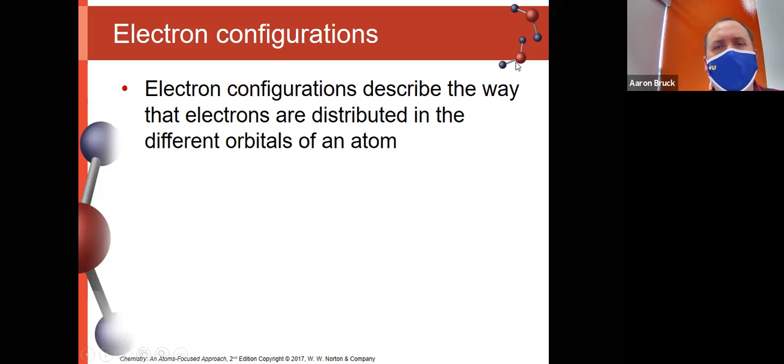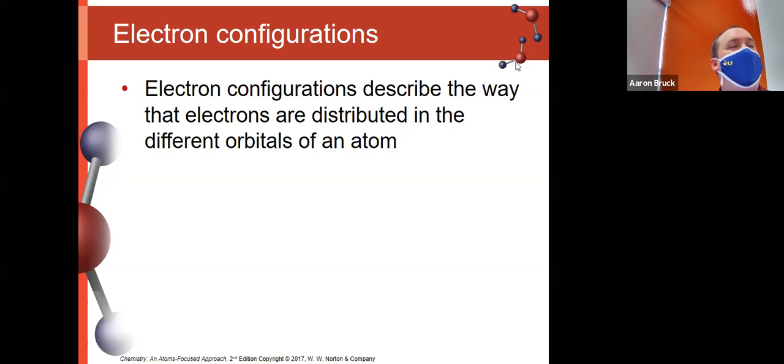So we move from quantum numbers to electron configurations. Now, what's interesting about electron configurations is that electron configurations and quantum numbers kind of tell us the same thing. Electron configurations tell us where every single electron is in a given atom, in terms of energy level, and in terms of sublevel.